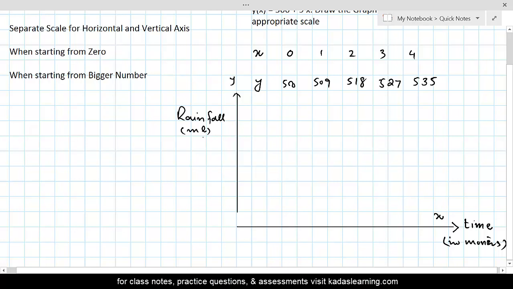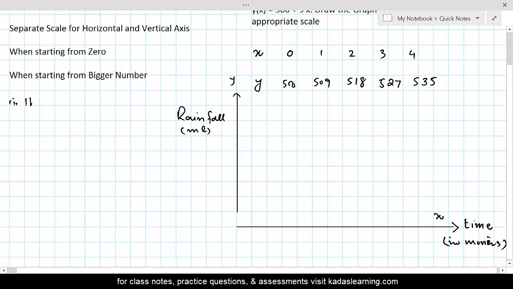And because the starting value is 500, this is a very important point to note, because we have to choose a scale which is consistent, meaning that if one small scale is representing a given interval, that scale must be preserved throughout the graph. Let's first choose the scale along the horizontal axis.